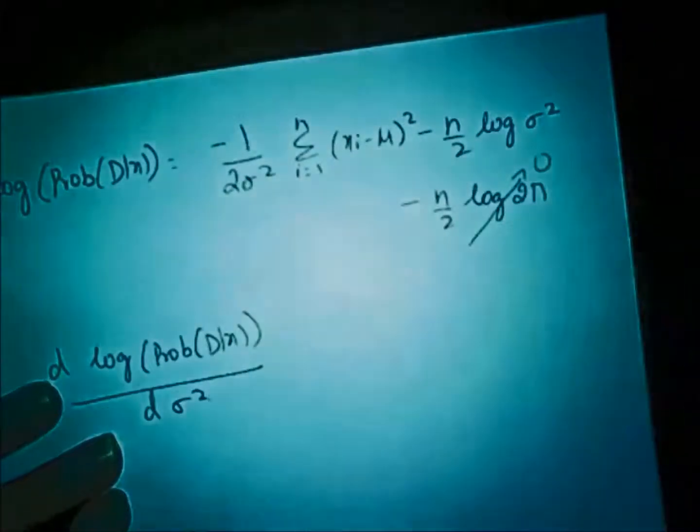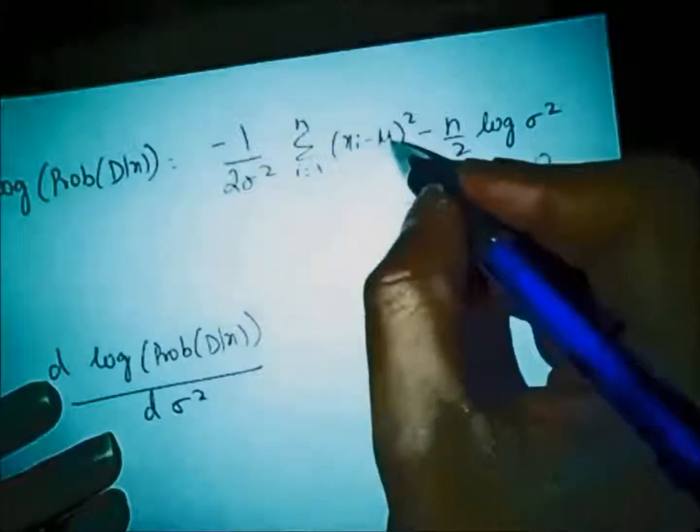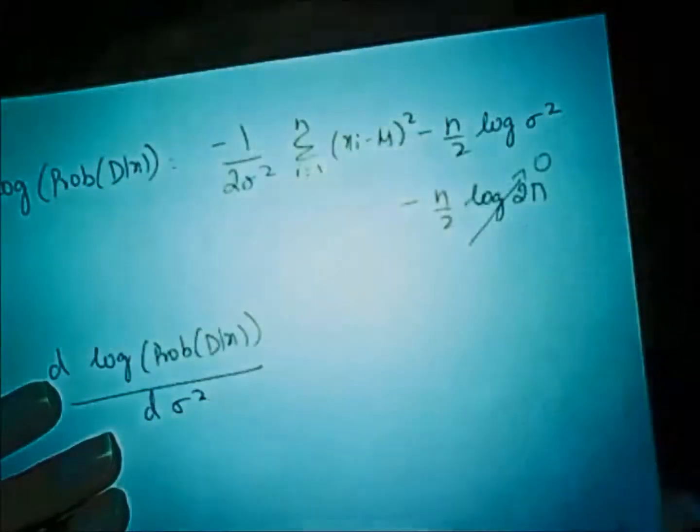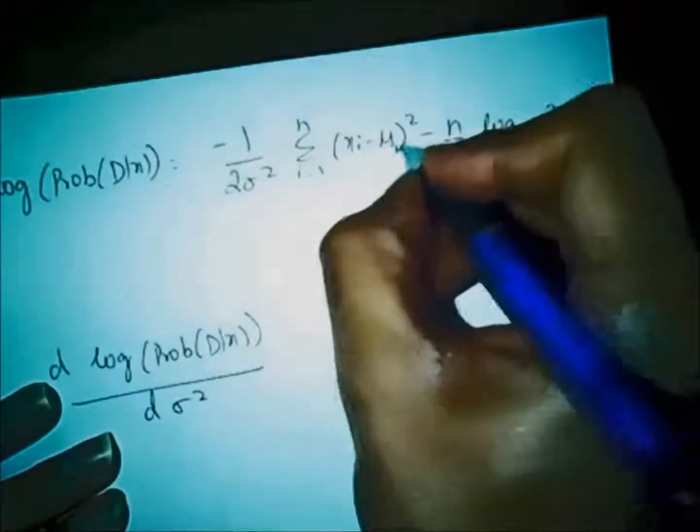I'll know that this term will go to 0 because it will not depend on sigma squared. And now, instead of having mu here, since I already know what mu ml is, I'm going to take this as mu ml.